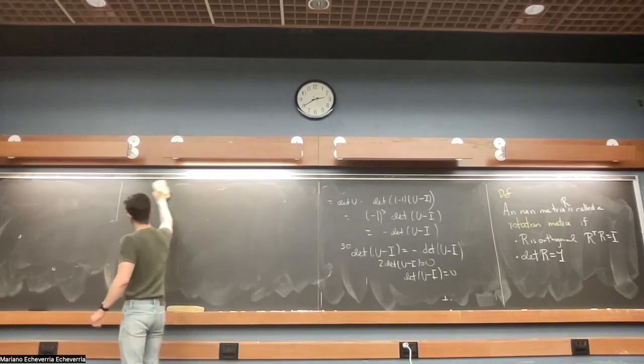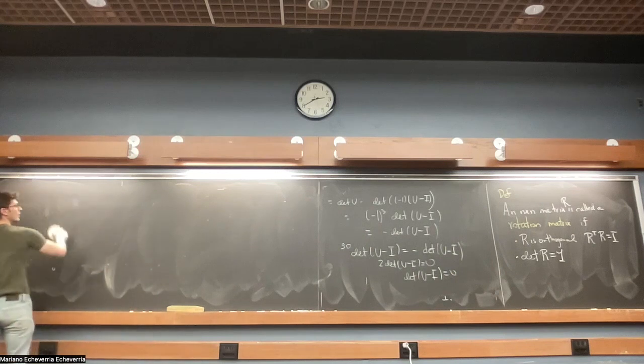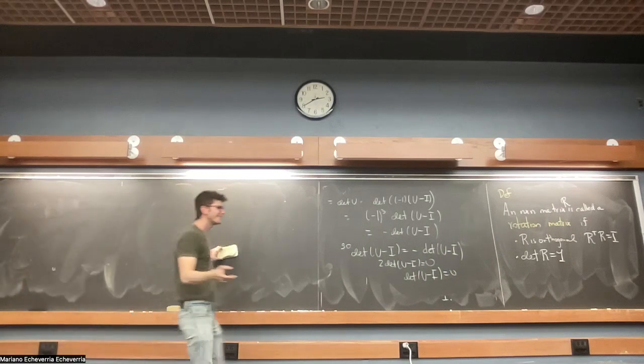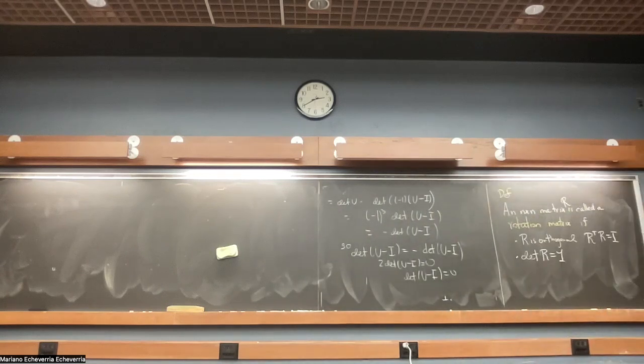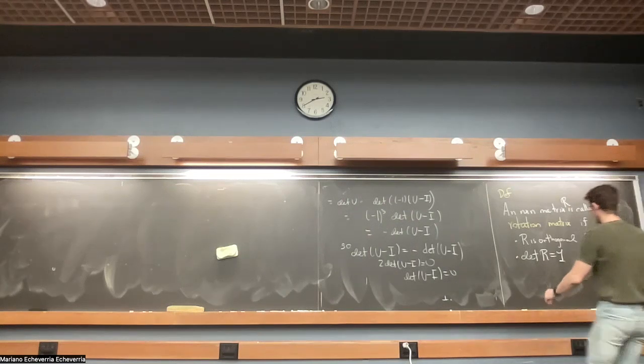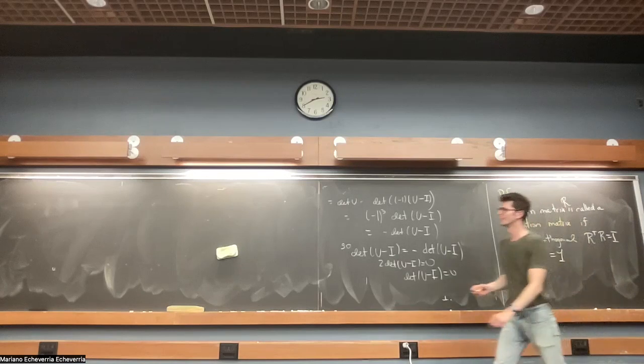So a very useful result, which definitely shouldn't be clear from the definition, is that the product of two rotation matrices is a rotation matrix. This is an important theorem.